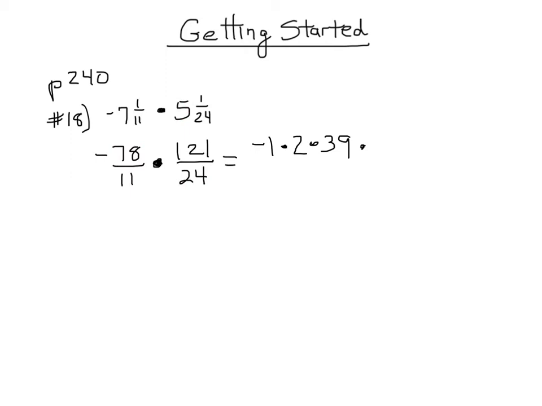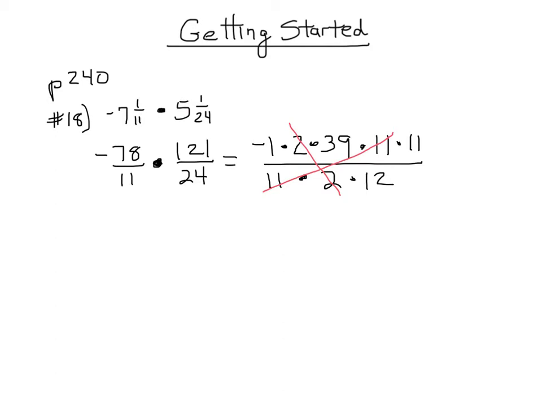I know 121 is 11 times 11. Underneath, I have an 11 times, and 24, I'm going to go 2 times 12. Okay, in a multiplication problem, I'm allowed to cancel, and 2 divided by 2 is 1. And 11 divided by 11 is 1.